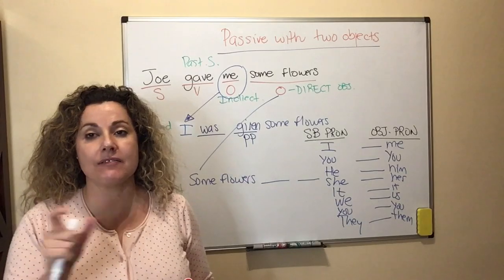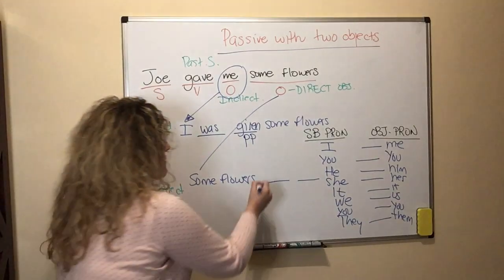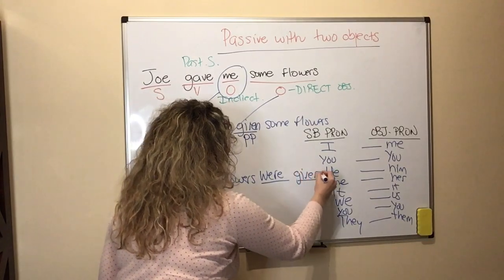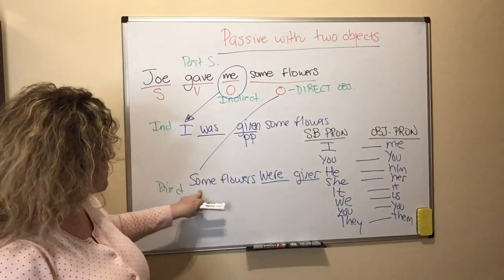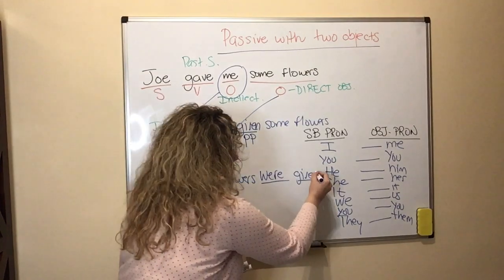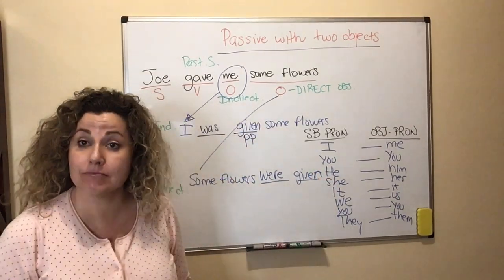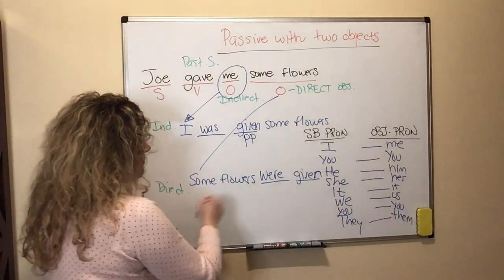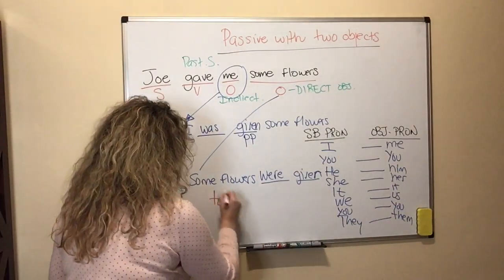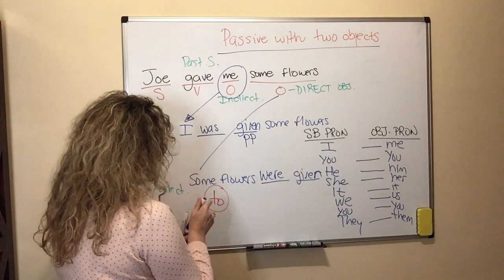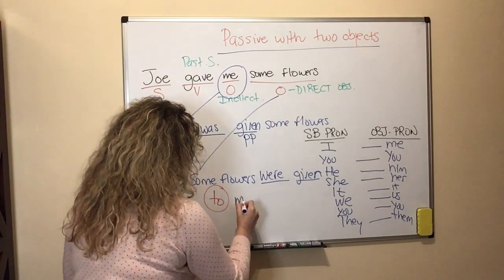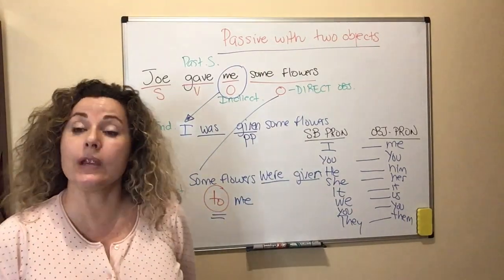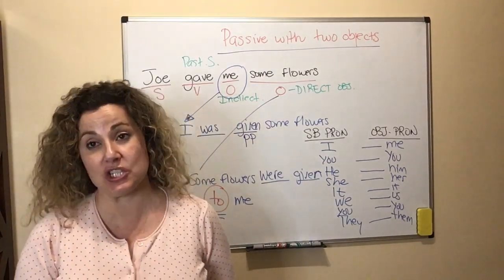So some flowers were given. And now, if we want to say to whom, we need the preposition to. So we would say some flowers were given to me. So in this case, when we write the indirect object at the end, we need to add the preposition to.